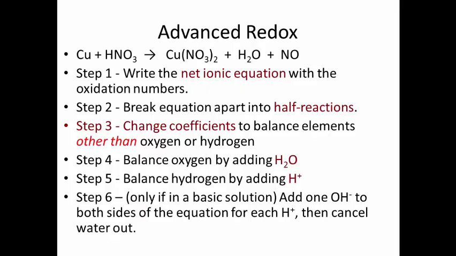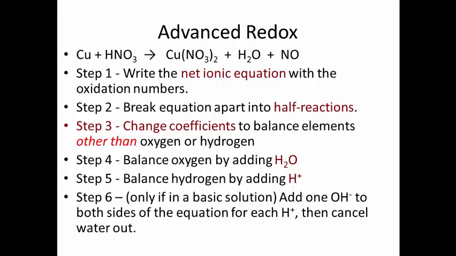The hydrogen on the left is a +1 in the nitric acid, and on the right in the water it's also a +1, so it's not the hydrogen. The nitrogen on the left is in the nitric acid. If hydrogen's a +1 and oxygen's a -2, that gives us 3 oxygens at -6, plus the +1, so the nitrogen in the nitric acid must be a +5.